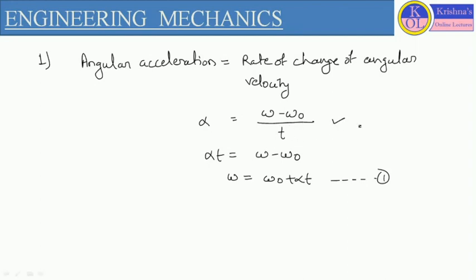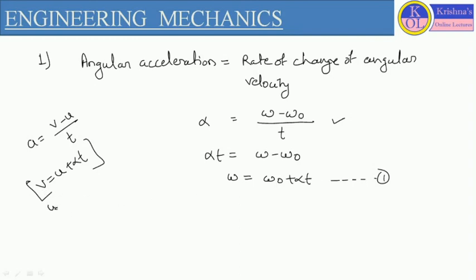This relation in terms of linear acceleration, we generally define as a equals v minus u by t, so v equals u plus a t. This equation we have for linear motion. Now if we are considering circular motion, it will be omega equals omega naught plus alpha t.